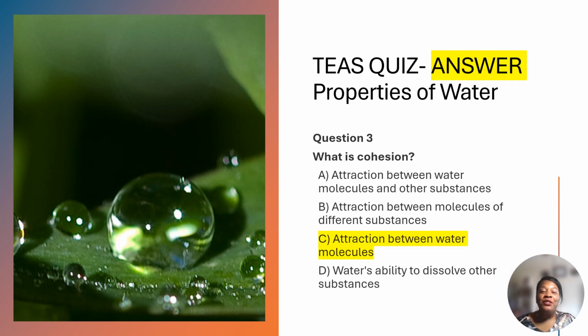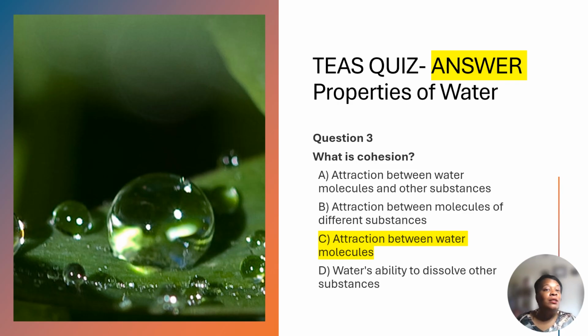The correct answer is C, attraction between water molecules. Remember, cohesion is the attraction between water molecules due to hydrogen bonding, whereas adhesion is the attraction between water molecules and other substances. Letter A and letter B, attraction between water molecules and other substances and attraction between molecules of different substances, describe adhesion, not cohesion.